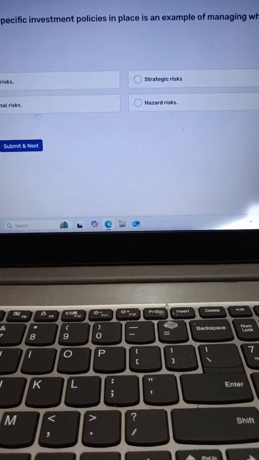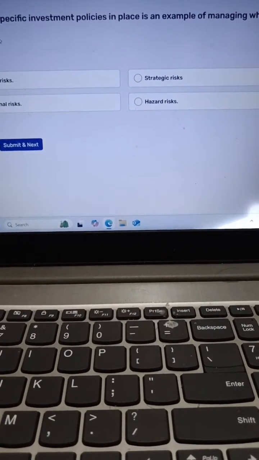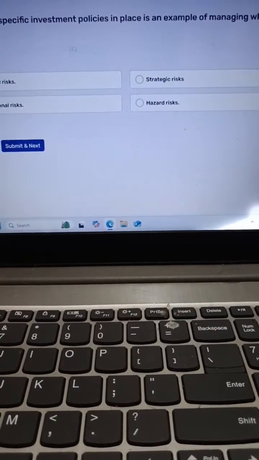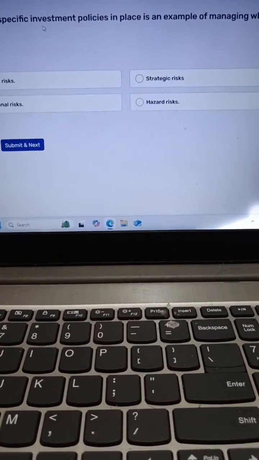Now we are in question number 19. Hopefully only two or three questions are still confusing.